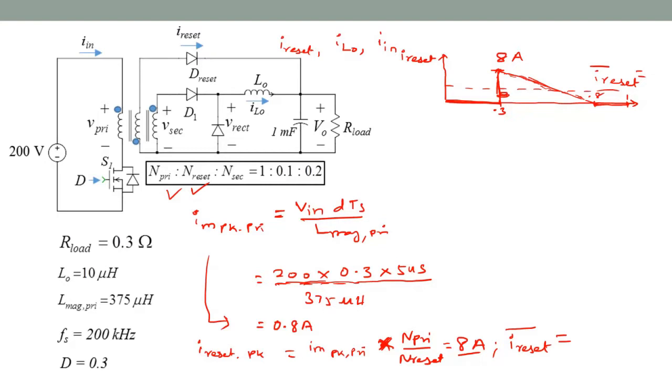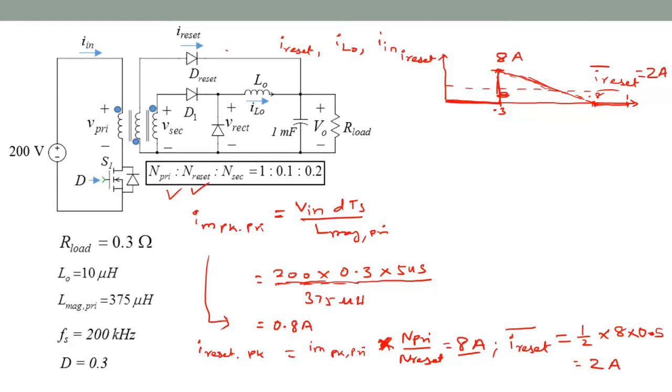So the area would be 1/2 times the peak, which is 8, times the base, which is 0.8 minus 0.3, 0.5. Right, so that is 2 amperes. 4 times 0.5. So we can write that I reset average is 2 amps.